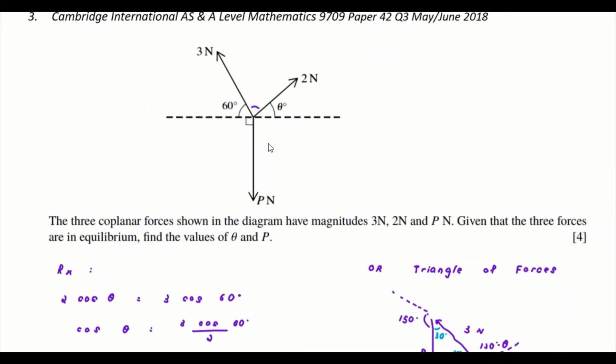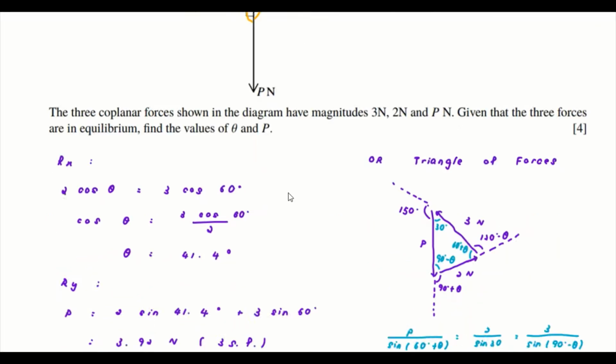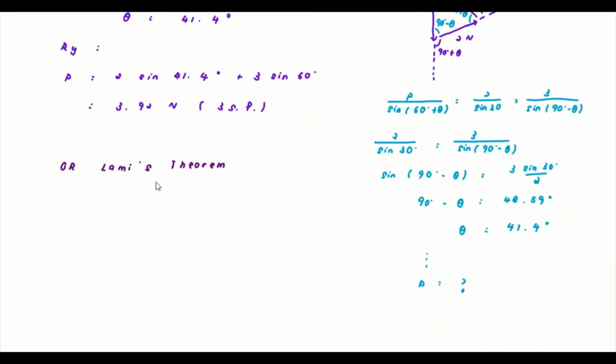So we need to find the angle between, let me use this, between here, because this is between 3 and 2, right? And what is this and what is this? That's the idea. Maybe let me redraw this, then it will be easier for us to look at it.